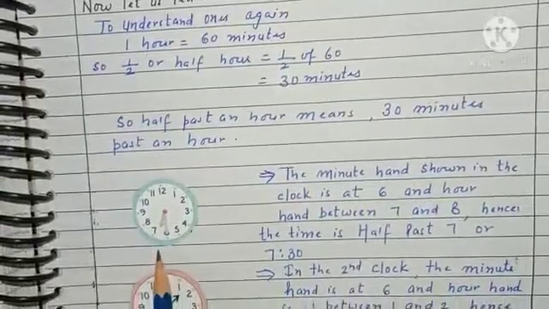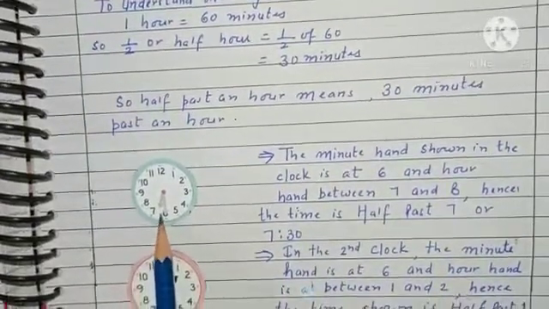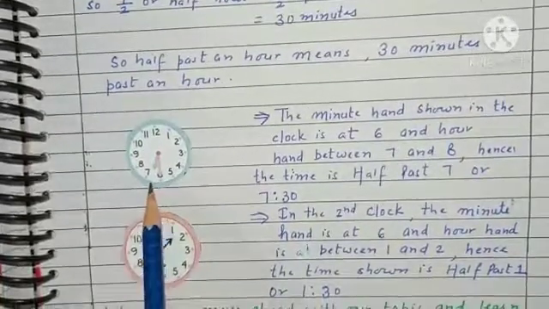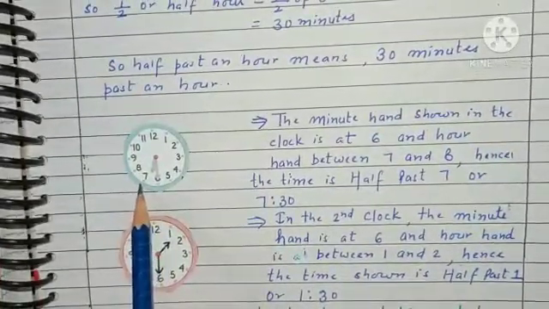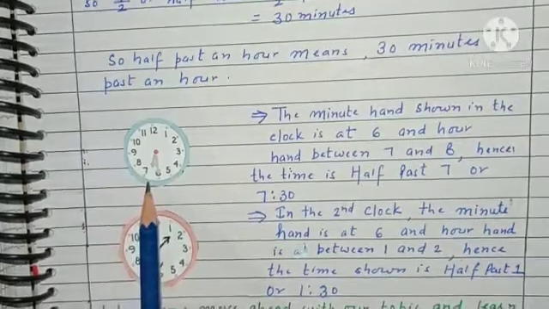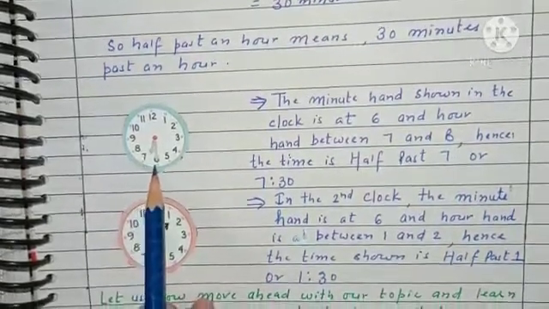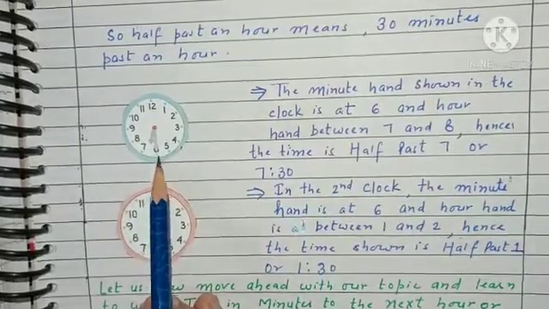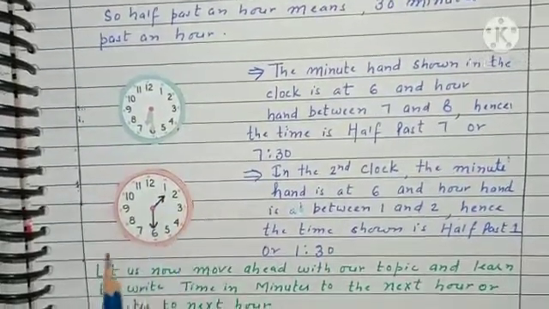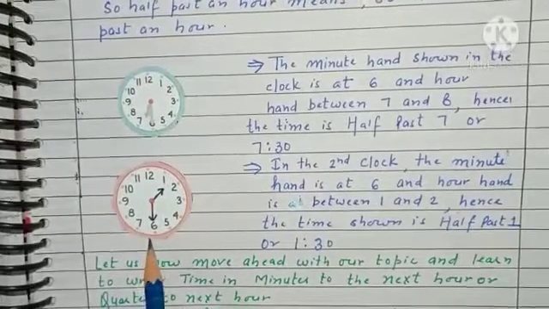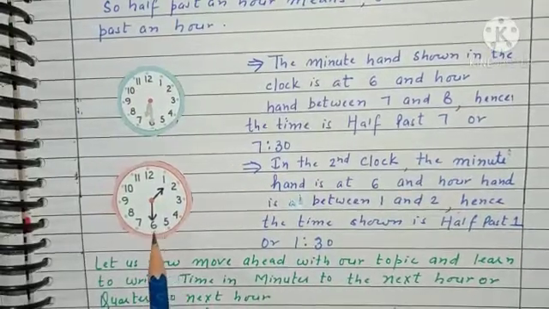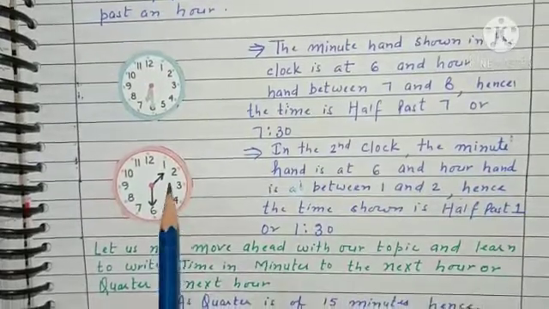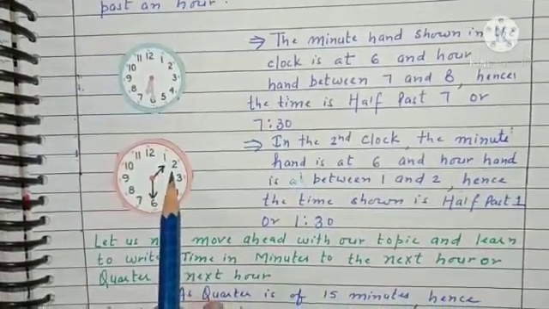The clock here is showing the minute hand at 6 and the hour hand is between 6 and 7. So, the time shown here is half past 7 or 7:30. Observe the next clock. The minute hand is at number 6 and the hour hand is between 1 and 2.